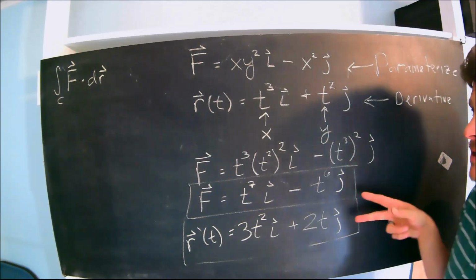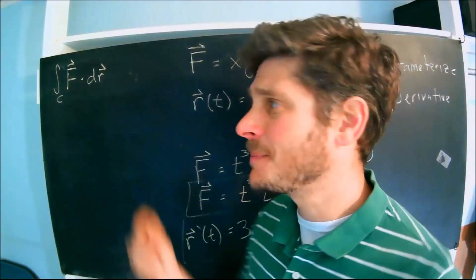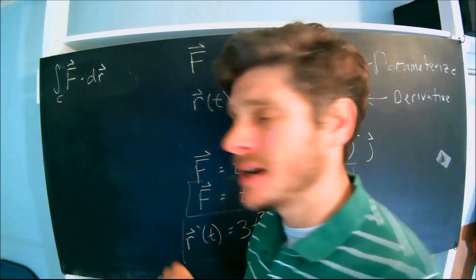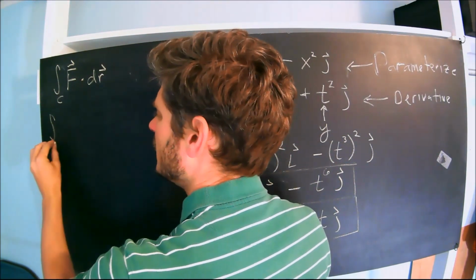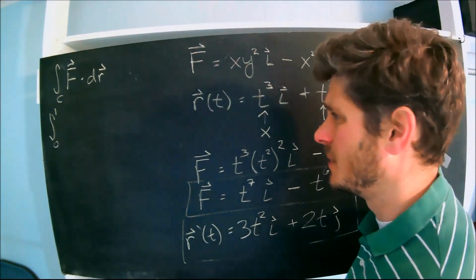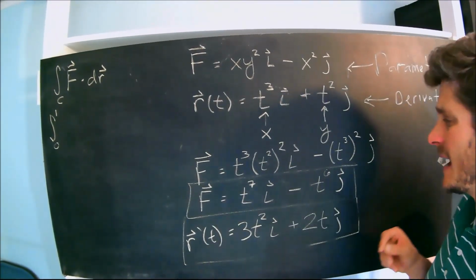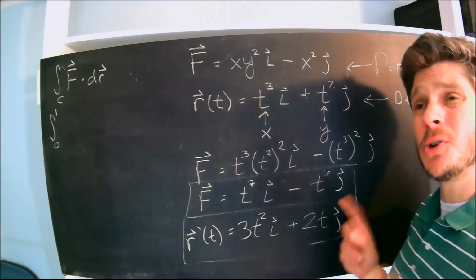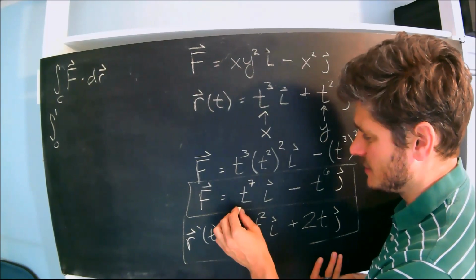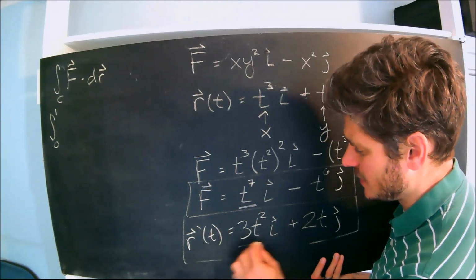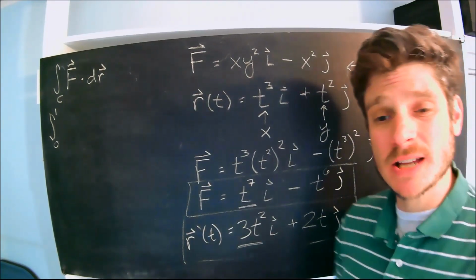Now I'm going to take these two pieces and find their dot product. And that's what's getting plugged into my integral. So now that I have everything in terms of t, I can put in my bounds as well. We're going from 0 to 1. And then f dot dr. That means multiply the corresponding components and then sum. So I have t to the 7th and 3t squared as my x components.